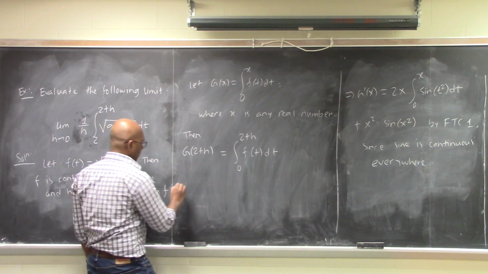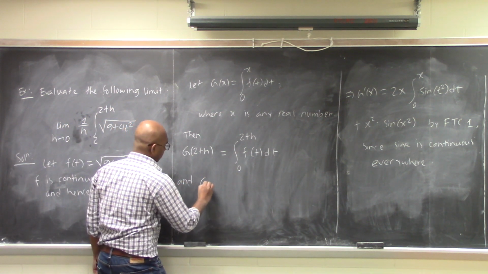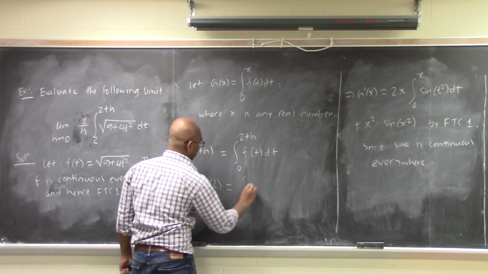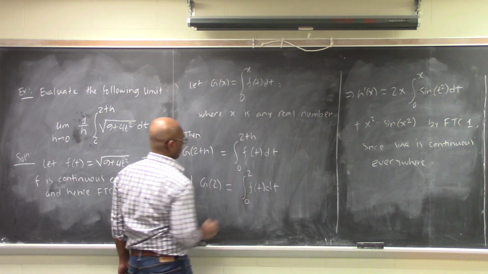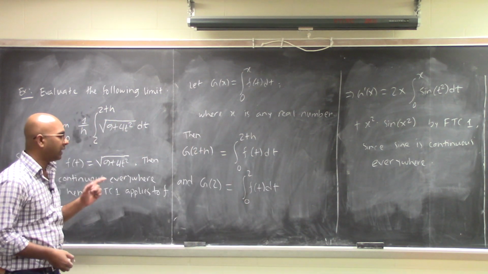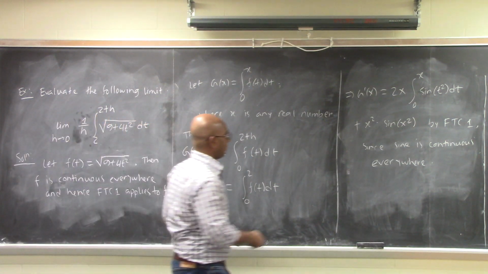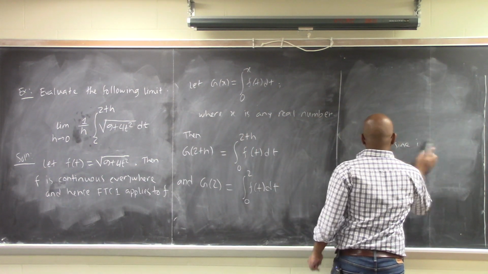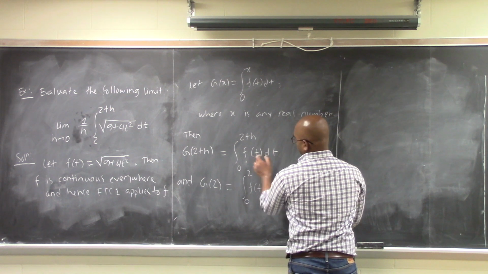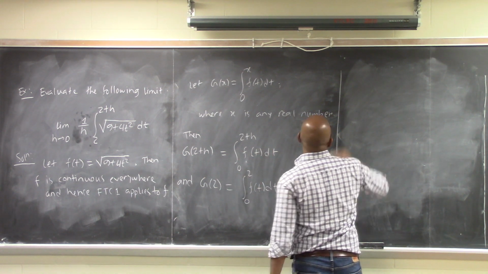And g of 2 is what? Integration of this function from 0 to 2. Once again, we need to use that property of definite integral, that you can actually write this as a sum.